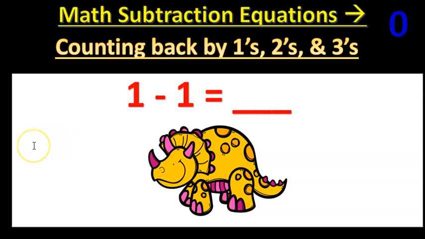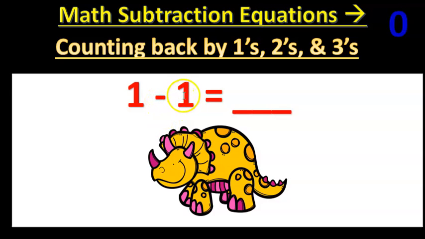Now, boys and girls, the same thing here. We have a subtraction equation that states 1 minus 1 equals blank. Let's read it again. 1 minus 1 equals blank. Now, you look here at this first number, 1. We have one dinosaur here. One dinosaur. But it says minus 1.